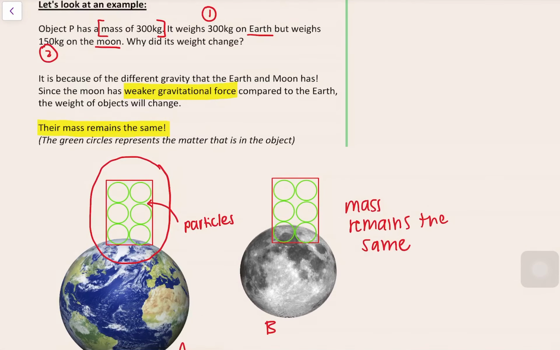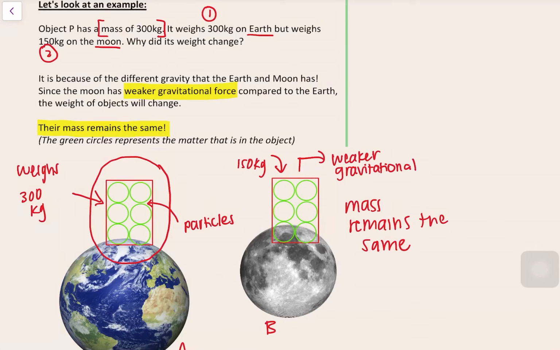And if we look at the example here, let's say this box weighs 300 kg on Earth. On the moon, it will only weigh around 150 kilograms because of weaker gravitational force.